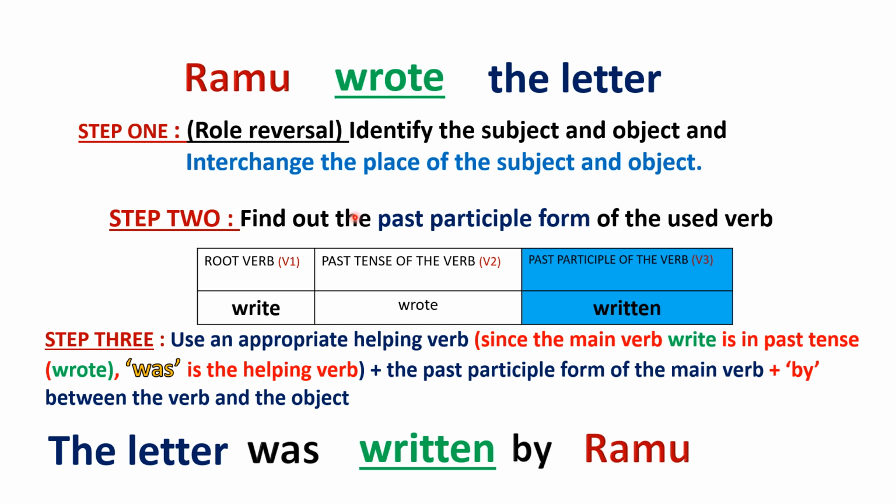So the form of the word wrote becomes written. Here, the helping verb is different because the verb is in past tense. The helping verb is was. And since the object is doing the work and the work is done by the object, by is written after the main verb and before the object.